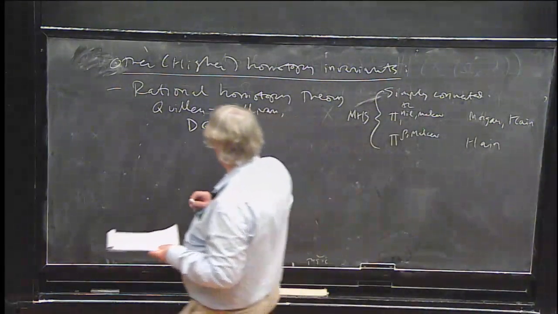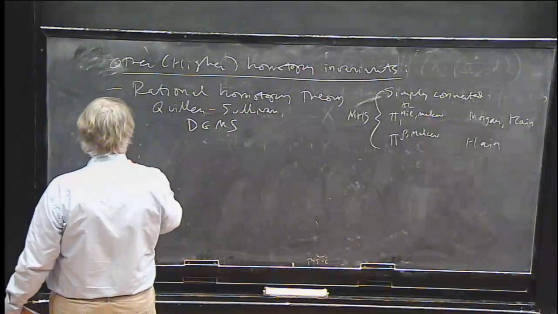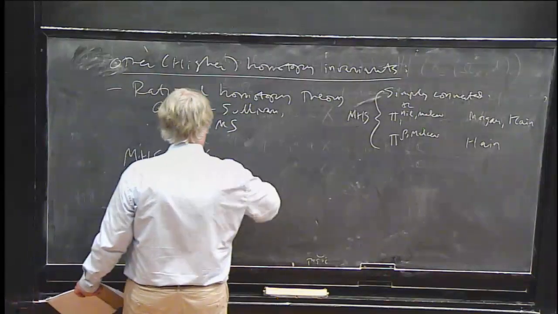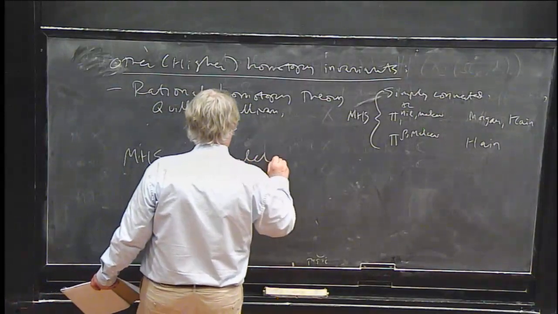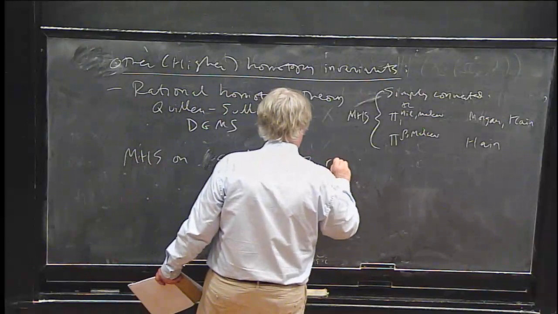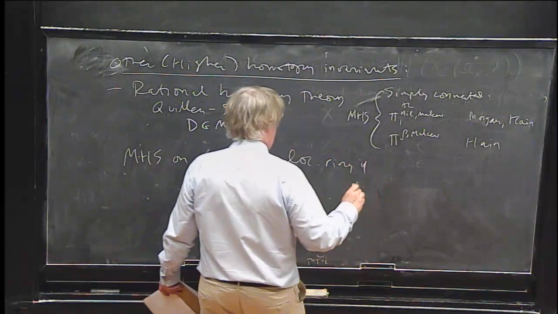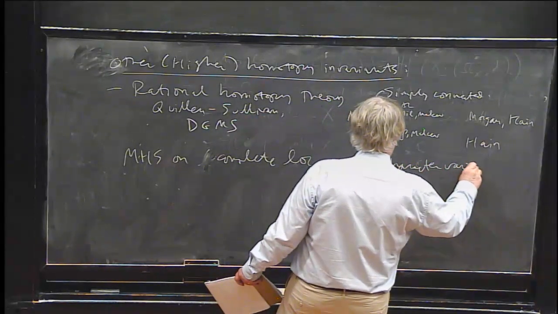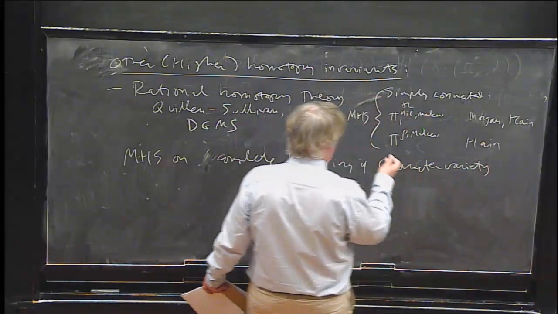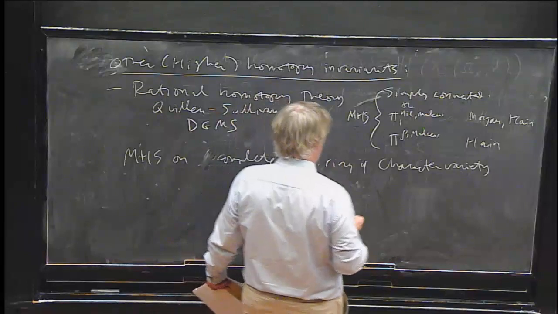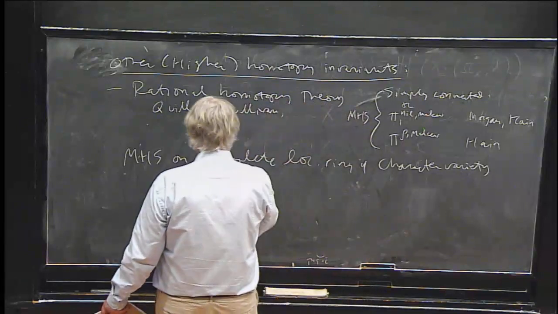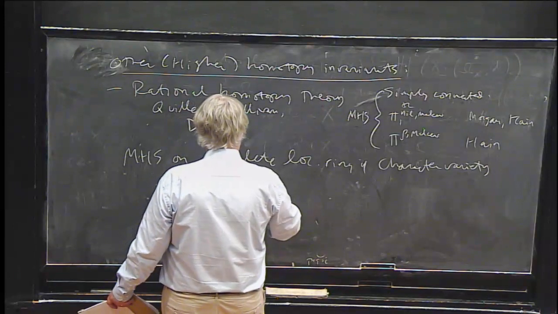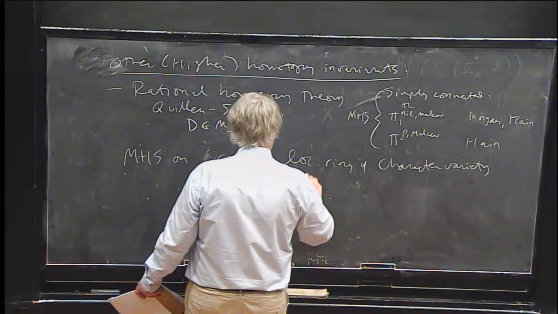And similarly, but this is maybe a little later, you can also do a mixed Hodge structure on the local ring of the character variety. This is very closely related to the relative Malcev completion, but this is sort of due to Goldman and Millson.